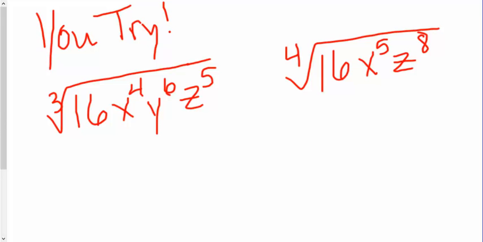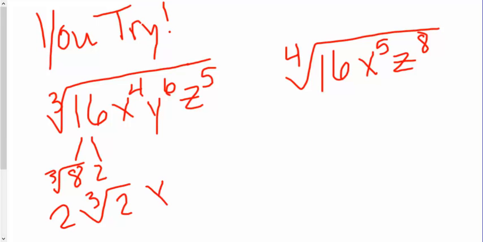With this first one, again we see that 8 there, so I can break this down to 8 and 2, and the cube root of 8 is just 2, but I can't do anything with that cube root of 2. That just has to stay underneath the radical.